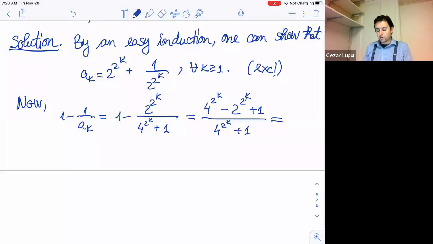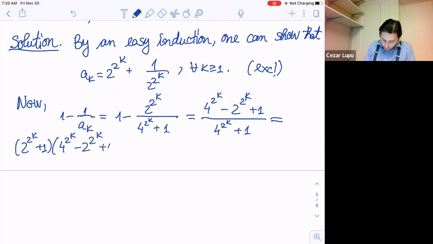So this would be 2^(2^k) + 1 times 4^(2^k) minus 2^(2^k) + 1, everything over 4^(2^k) + 1 times 2^(2^k) + 1.